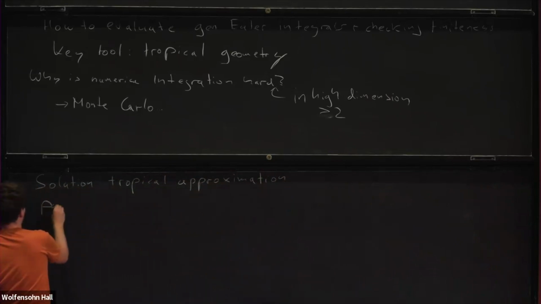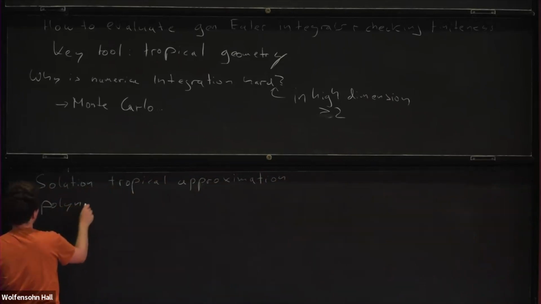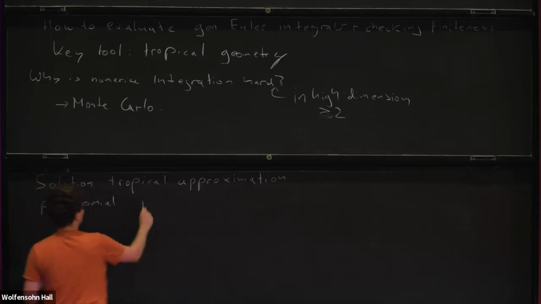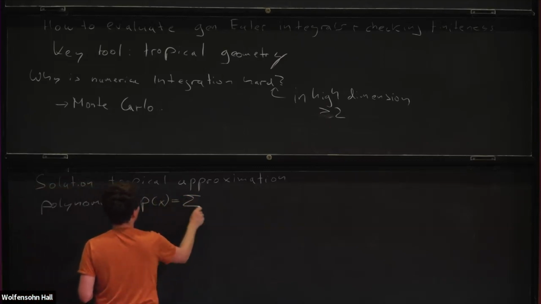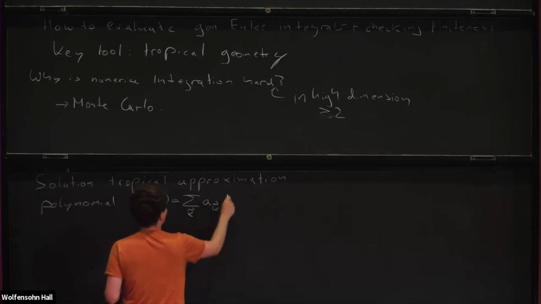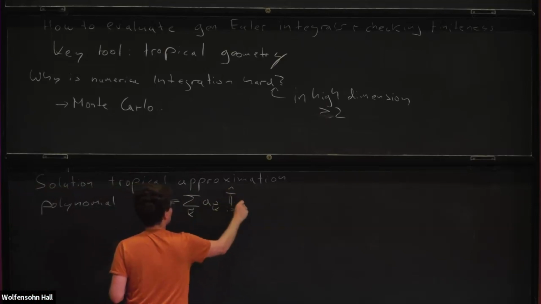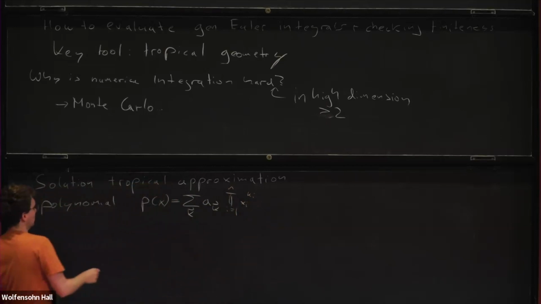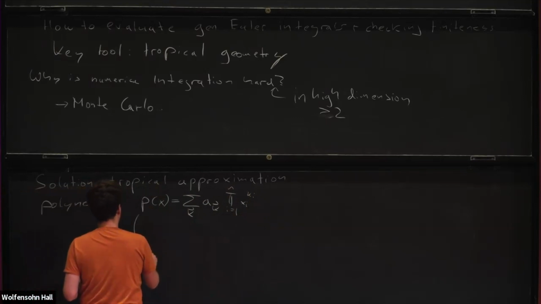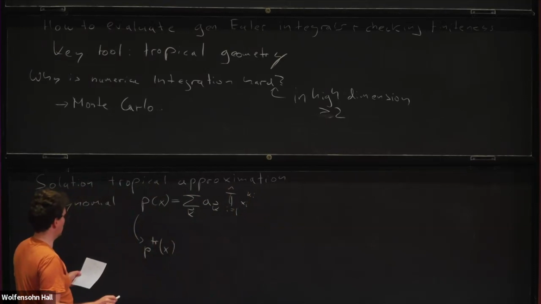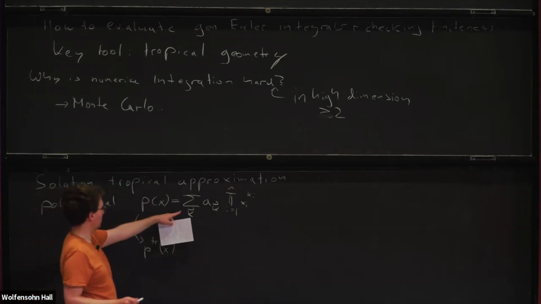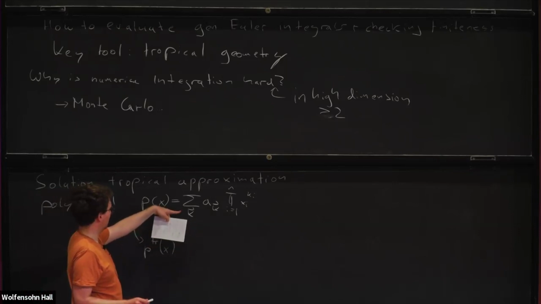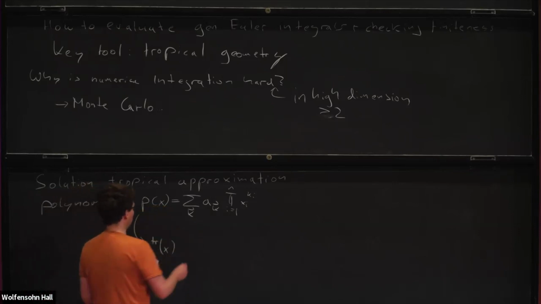So if you take a polynomial, again, like a sum over the coefficients, and for each coefficient you have some monomial, then the tropical approximation, which I denoted with p trop, is just replacing the sum with a maximum.